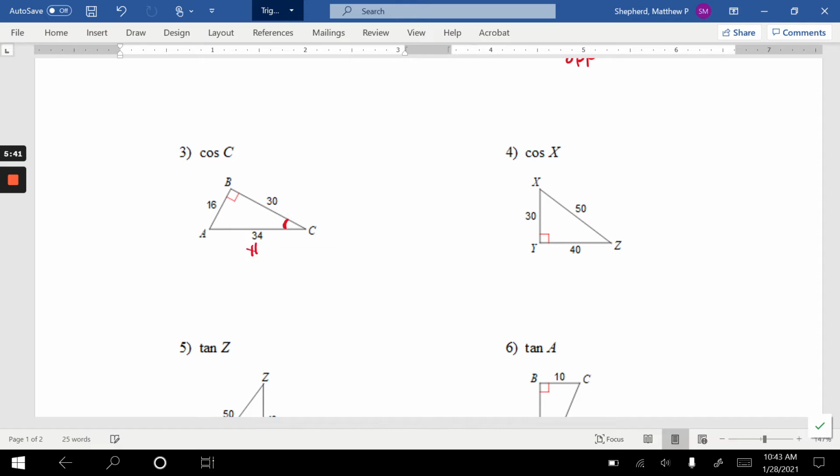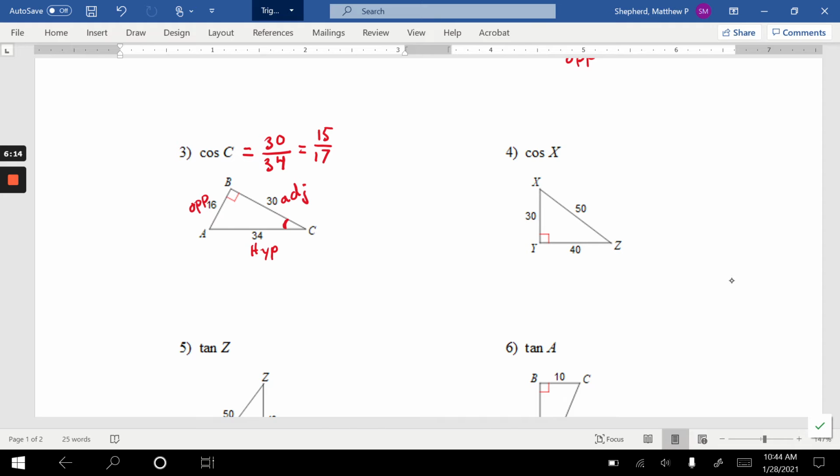Here's our hypotenuse, this is the opposite side, and here's our adjacent side. We want the adjacent, 30, over the hypotenuse, 34. That simplifies to 15/17, and we're done. We've identified the ratio.